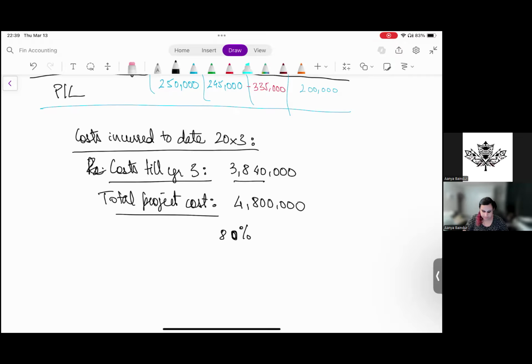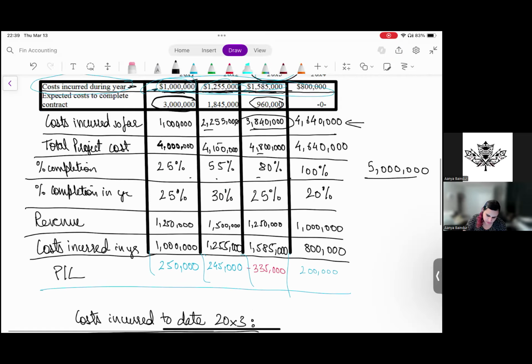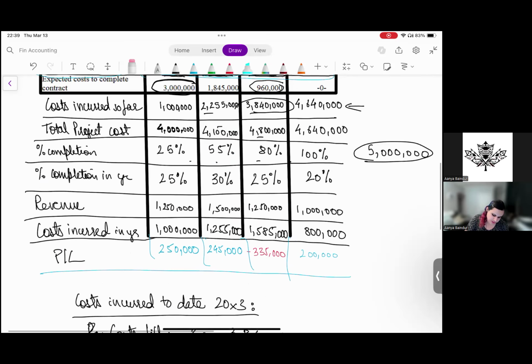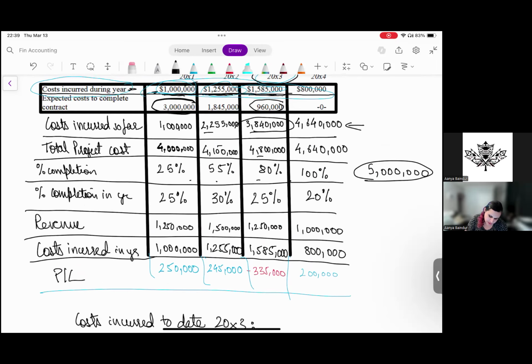Right? Now that you know you made 80% in this year, you can just multiply this by the amount here. So 5 million. Or alternatively, a much easier way to do it would be to also see what the percent for the earlier year was. So for the earlier year, you do the same thing.